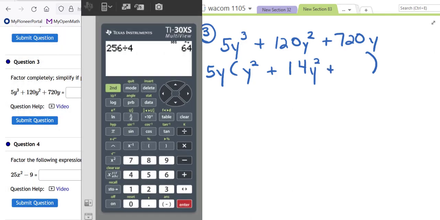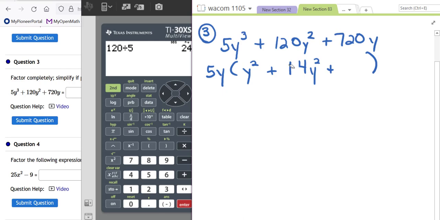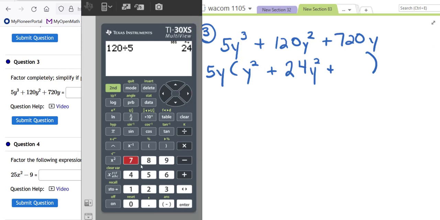Use your calculator, Mrs. H. I better check that. 120 divided by 5. Good thing I did. Would you guys have told me? All right, and then 720. $144.